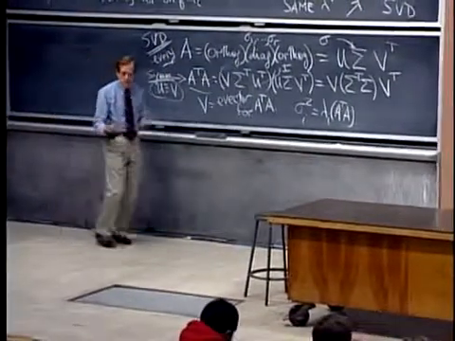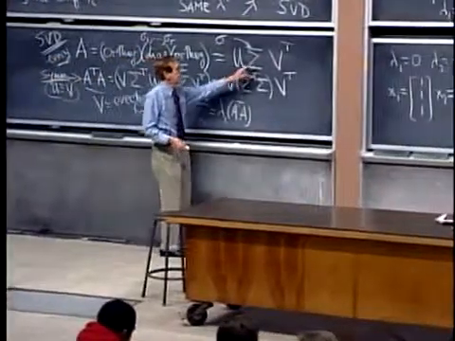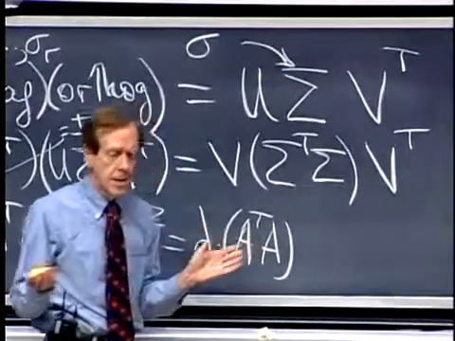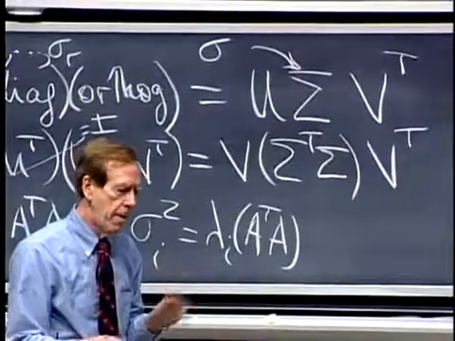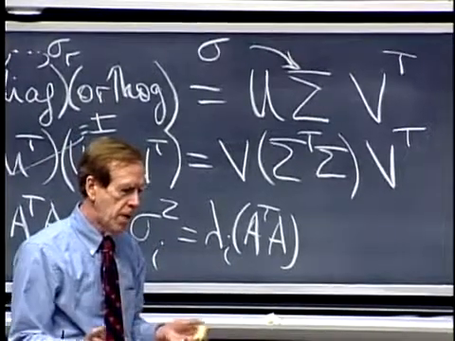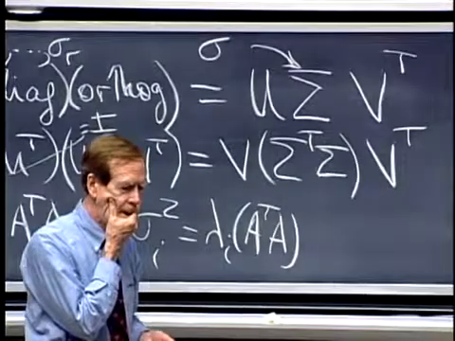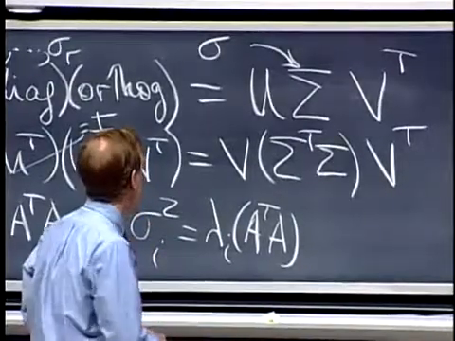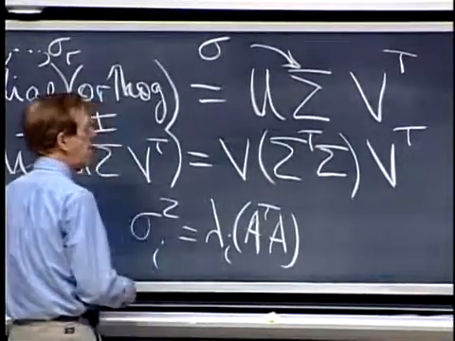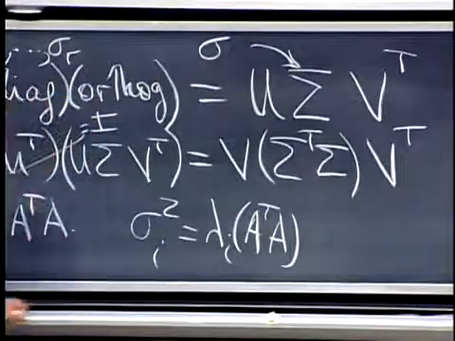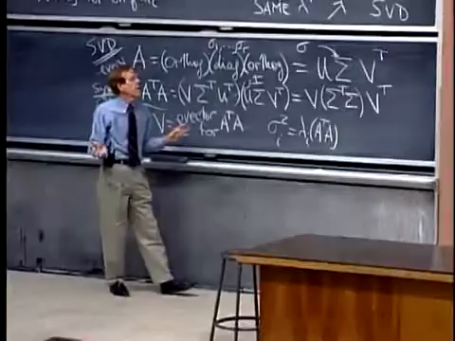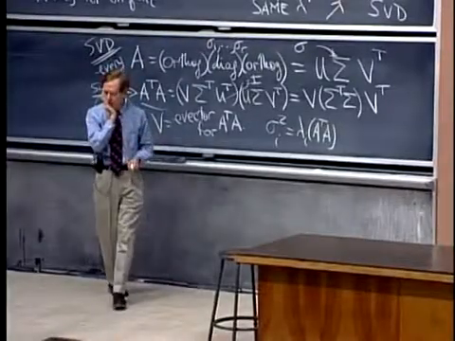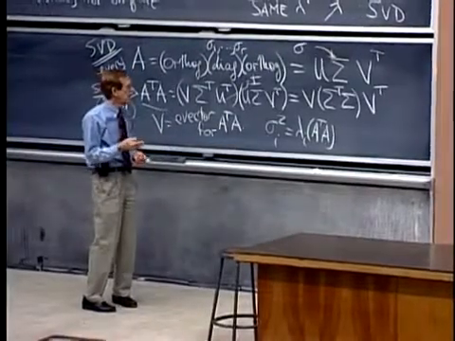Or I might give you the pieces, and I might ask you something about the matrix. For example, suppose I ask you, let's say, if I tell you what sigma is, well, let's take one example.